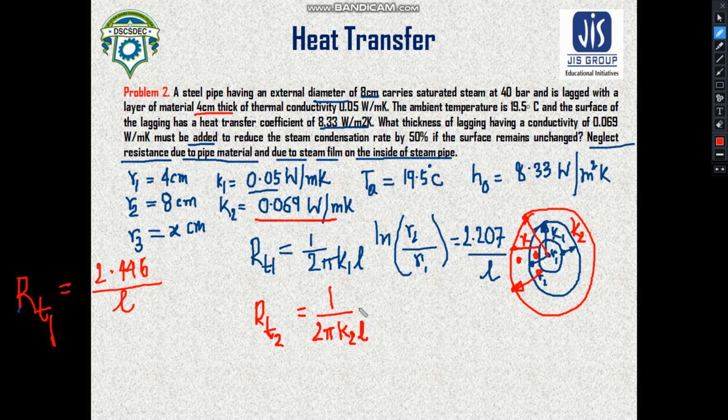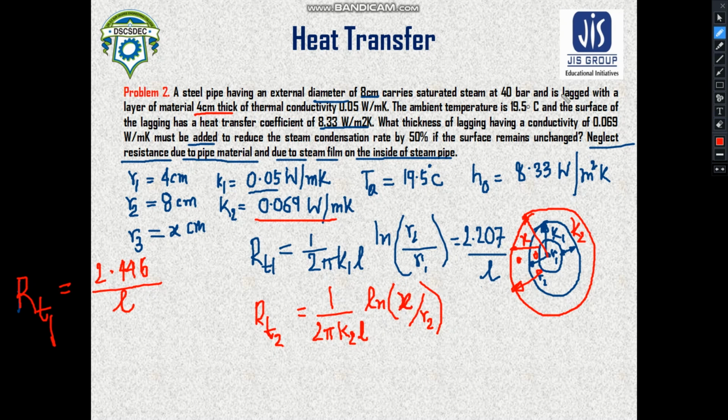This length doesn't change, and this would be ln R3 divided by R2. Now this R3 has been taken as X by us, so we can replace this R3 and write X.